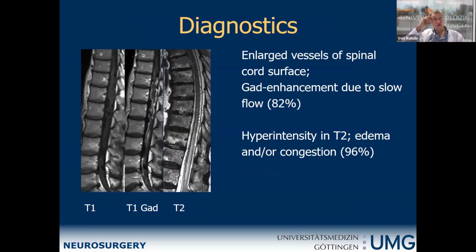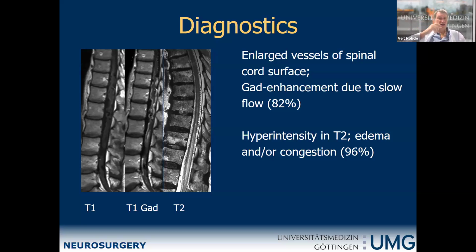And as you know, mostly elderly men are affected by spinal dural AV fistulas. If you have the suspicion of a spinal dural AV fistula, I think the very first diagnostic, as in many other diseases now, is to perform an MRI. On the MRI, you typically see enlarged vessels on the mostly dorsal part of the spinal cord surface.